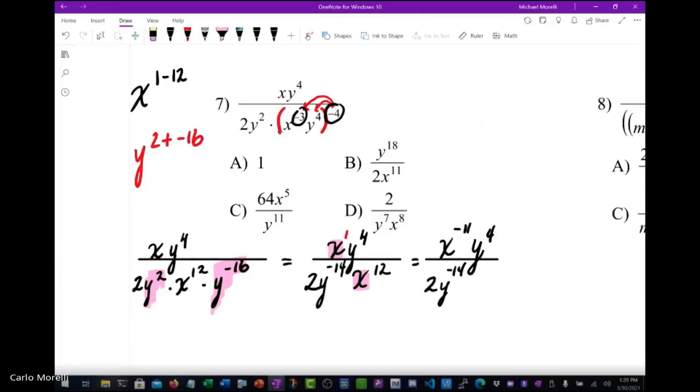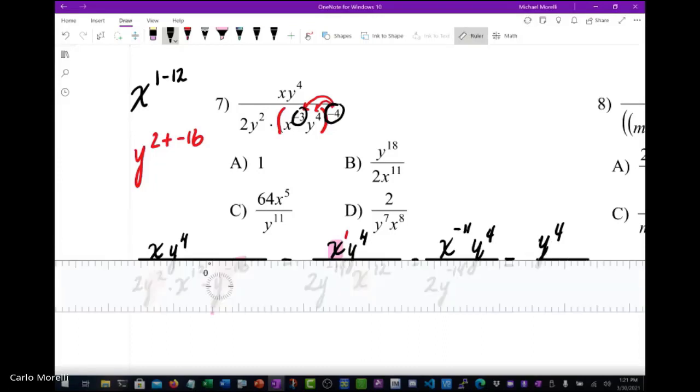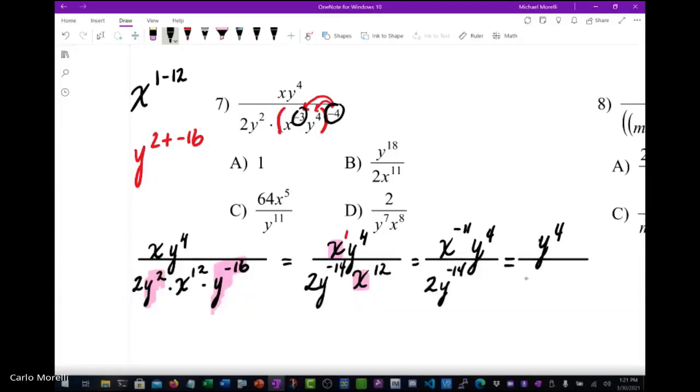If the negative is on the top, you move it to the bottom. So I'm going to move this whole thing to live down here. And when I do that, I'm going to change this sign to be positive. Okay? So that's my next step. I'm just doing one step at a time. I'm going to write y to the fourth on top. Put that fraction bar. And then downstairs, I'll have 2x to the positive 11th, y to the negative 14th.